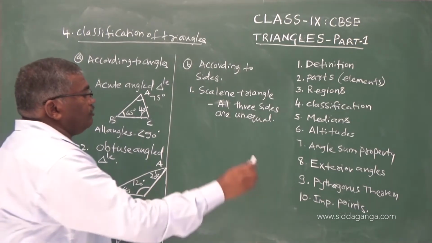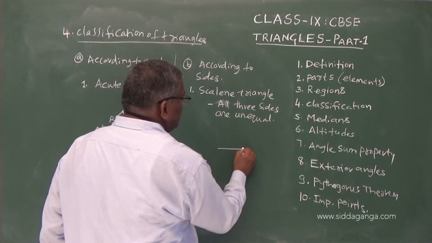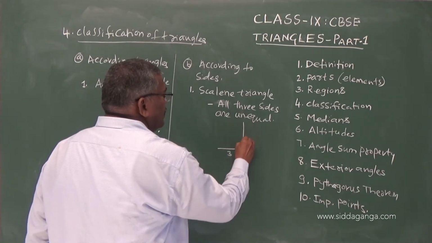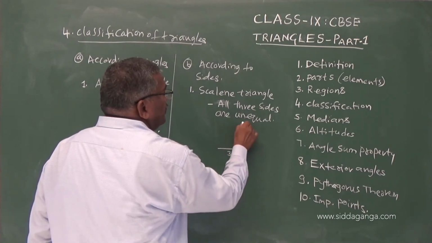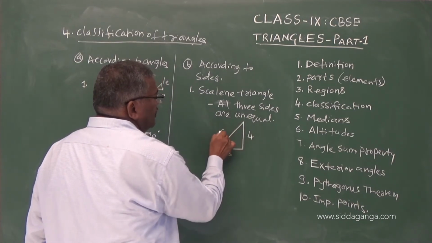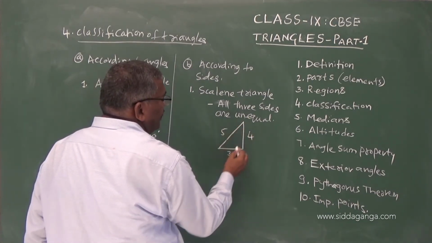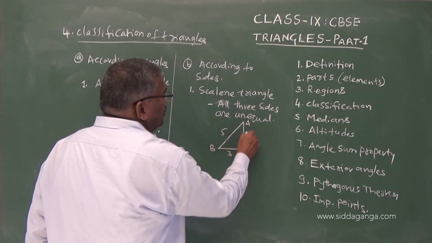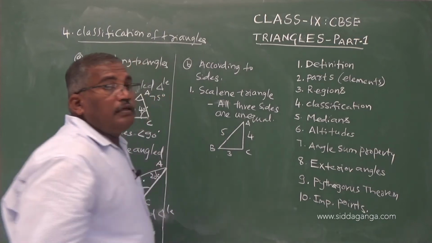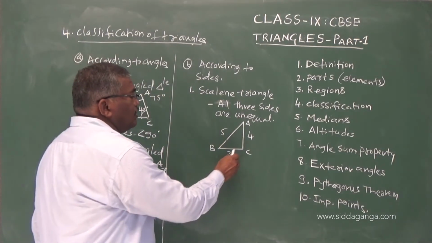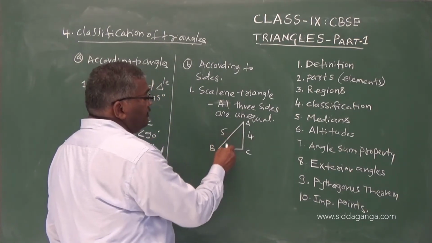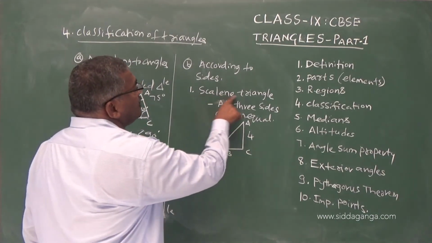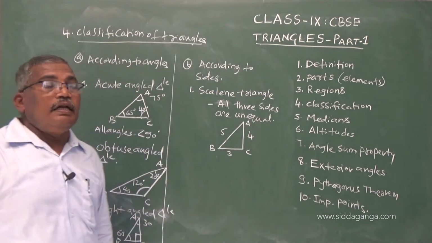If I want to write an example, let us say this is 3 centimeter and this is 4 centimeter and this is 5 centimeter. So, this is 3, 4, 5, if we call this as ABC, all the three sides are not equal to each other. So 3 is not equal to 4, 4 is not equal to 5, 5 is not equal to 3. They are having different length, therefore it is called as a scalene triangle.